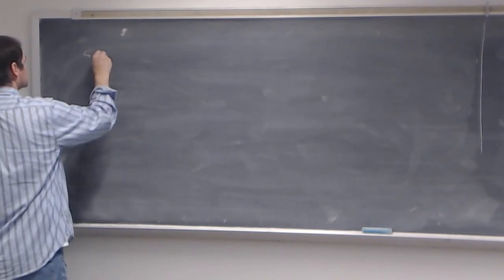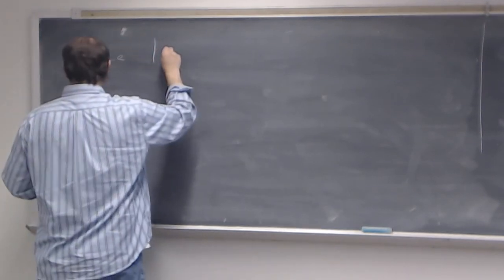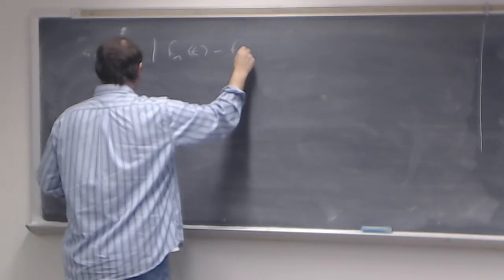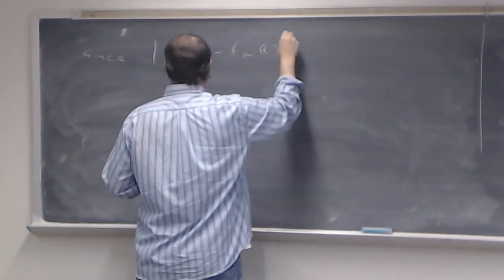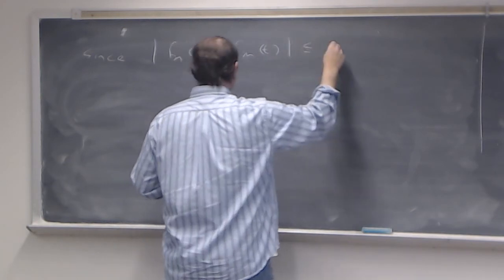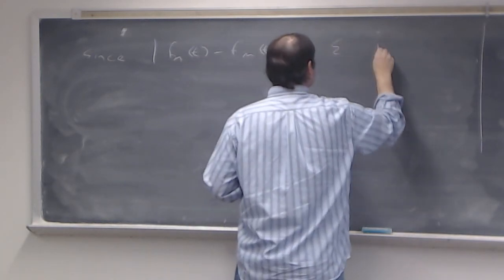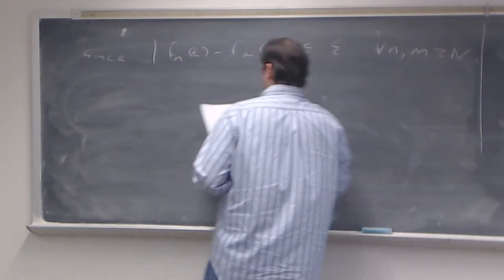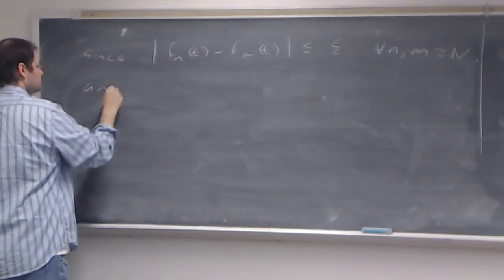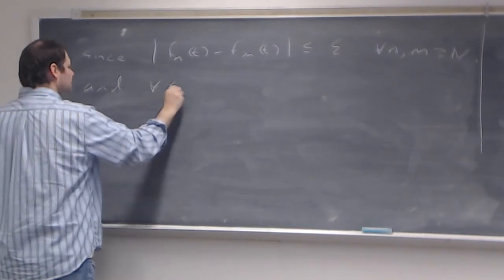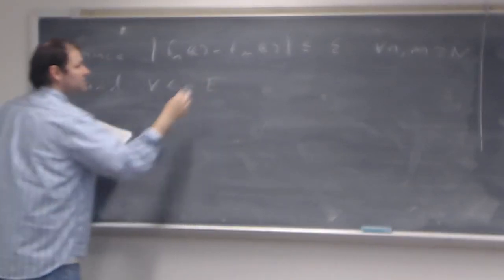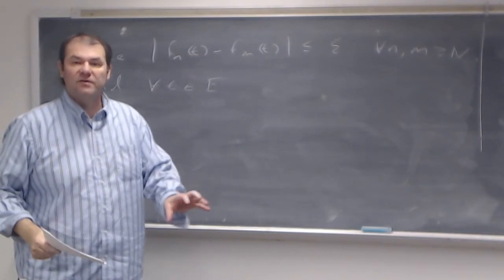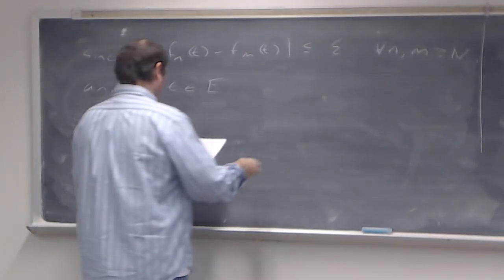Now, since the absolute value of f sub n of t minus f sub m of t is less than or equal to epsilon, and that's true for all n and m bigger than or equal to the big N that we had, and for all t an element of E, this was true because of the uniform convergence of the sequence of the f sub n's.